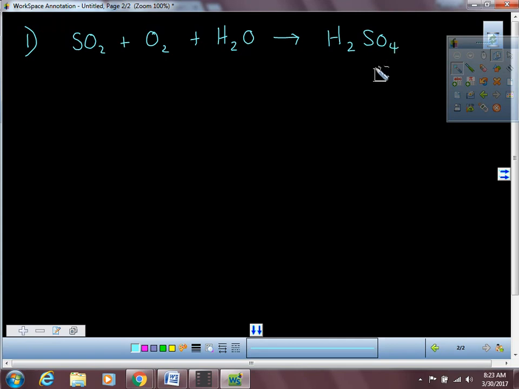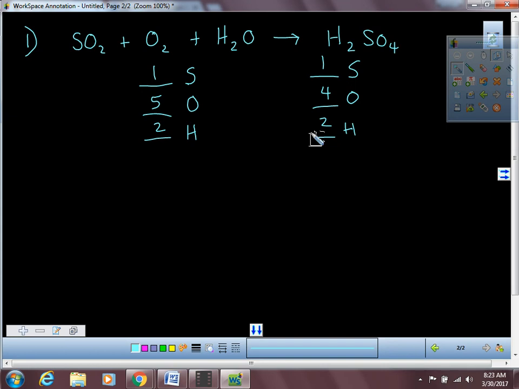Is that balanced? No. Let's check it. We have sulfur, oxygen, and hydrogen, right? I have 1 sulfur, 5 oxygen, 2 hydrogen on the left, 1 sulfur, 4 oxygen, and 2 hydrogen on the right.